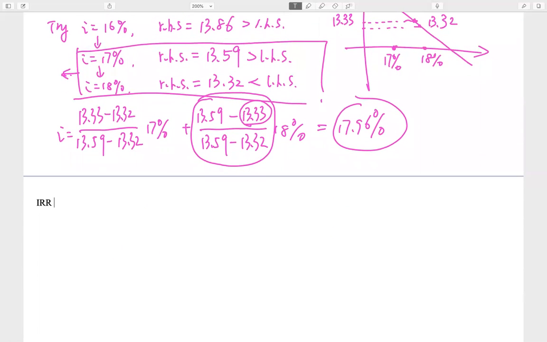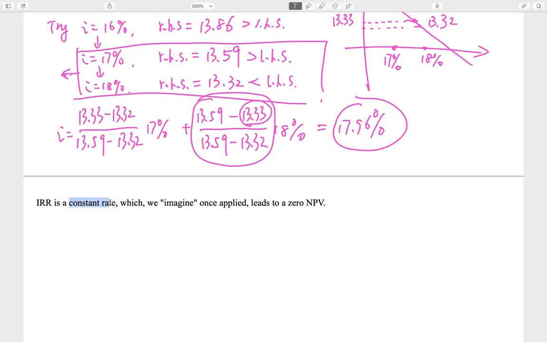So IRR is a constant rate, which we imagine once applied leads to a zero NPV. Okay, the key word is here.